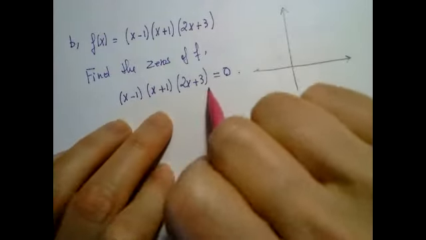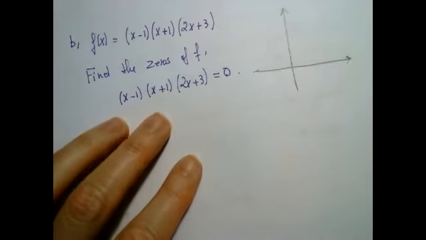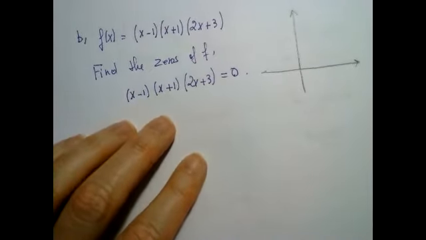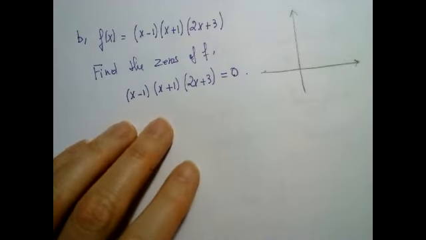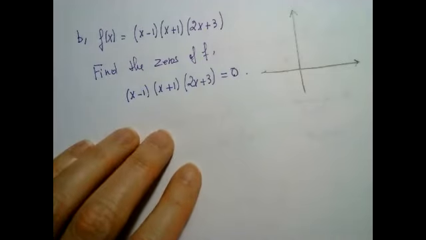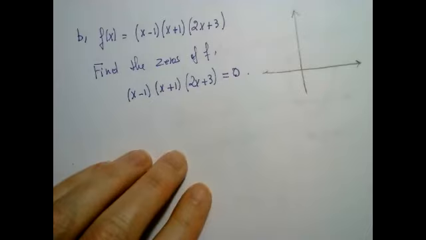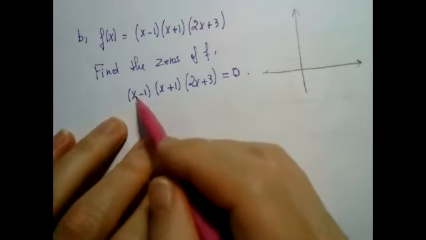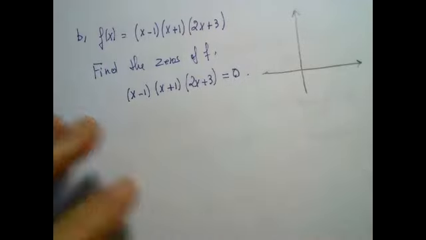Even though we're multiplying three factors, we can do it. What are the x's that give me 0 here? How can we find the values of x? Which x should I plug in here that will spit out a 0?